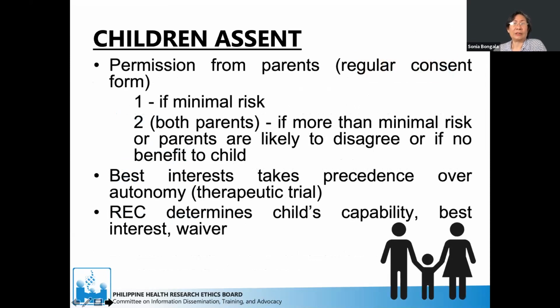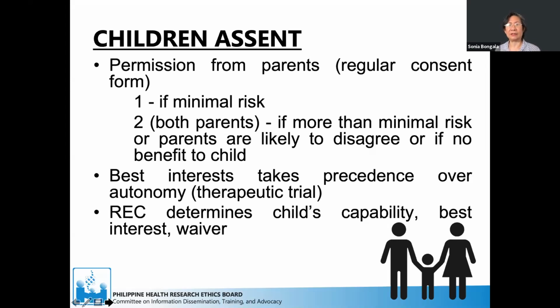Okay. Sometimes we need the permission or the consent of both parents. You only need one parent if the study will involve minimal risk, but you need two parents to sign if more than minimal risk, or if there's a chance that the parents will disagree on the decision, or if there's no direct benefit to the child to participate.